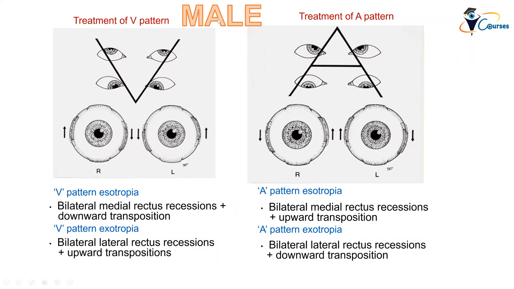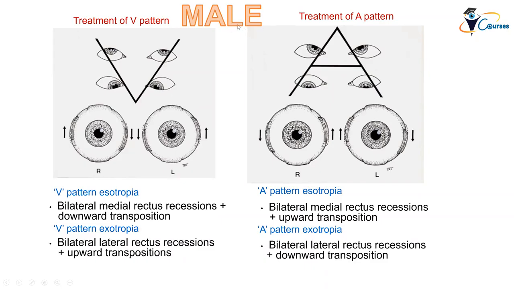Medial rectus toward the apex of the A or the V, and lateral rectus toward the edge of the A and V. So if I'm going to do medial rectus recession, I am going to transpose the muscle toward the apex of the V, which will be downward, and the apex of the A, which is upward.